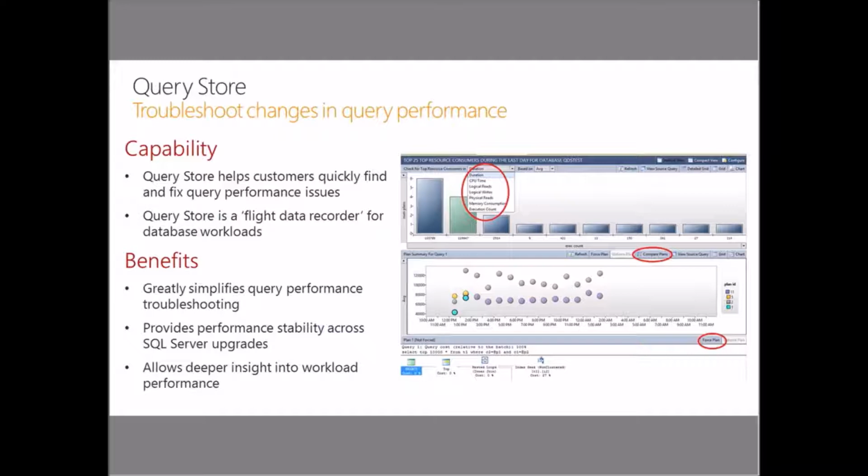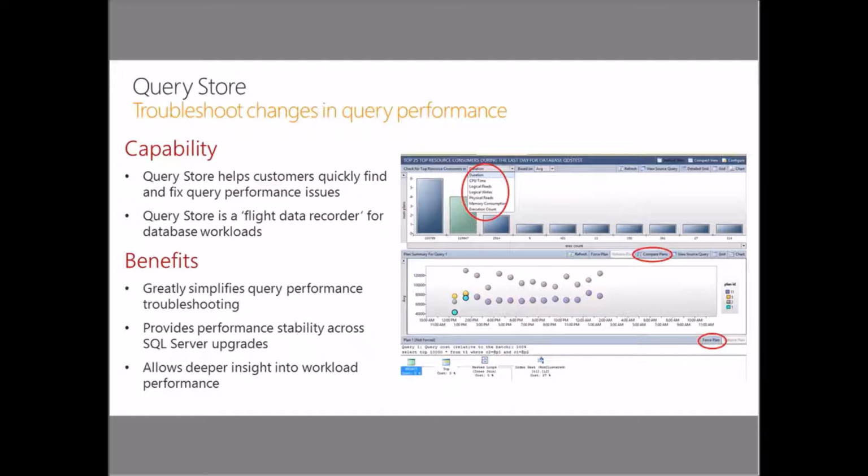Before this feature arrived, Query Store, we typically had to do a lot of investigating to find out what caused the query to run slowly or quickly from one moment to the next. And that often involved using dynamic management views, auditing, tracing, to try and find out what was the cause. And usually in the end, the cause was that SQL Server was not choosing the optimum execution plan.